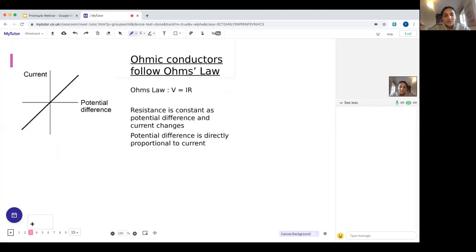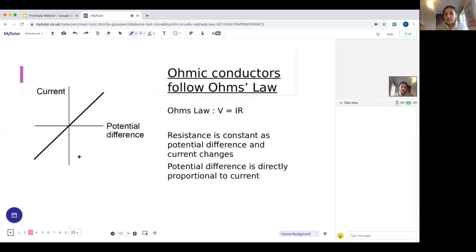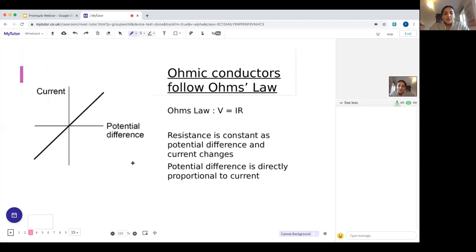Okay, so then we went on to talk about ohmic conductors. Ohmic conductors are just anything that follows Ohm's law. Ohm's law is V equals IR, and things that follow it are your standard fixed resistor or variable resistor, the standard box form you see here.